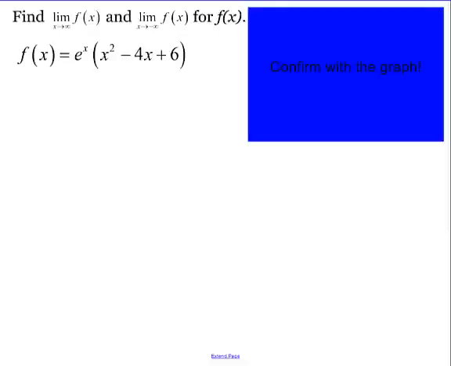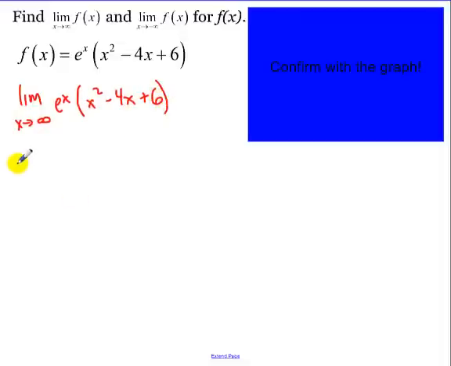Okay, our next example. I put this example in here because students had seen questions similar to this on previous AP exams. So I'm looking for, now I'm going back to an infinite limit, of e to the x times x squared minus 4x plus 6.